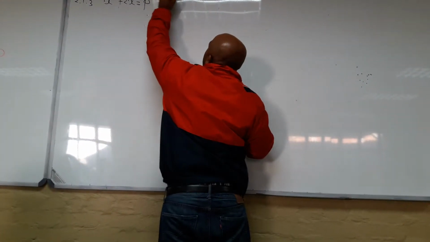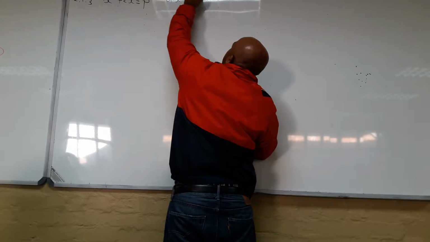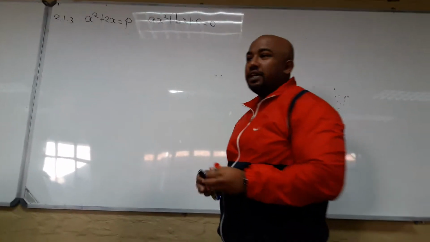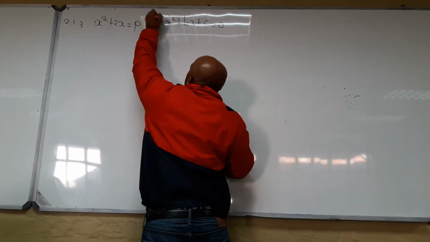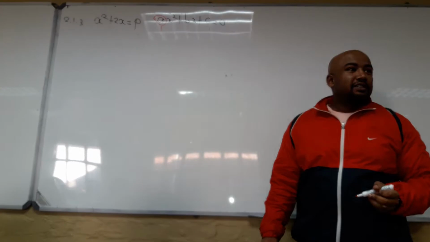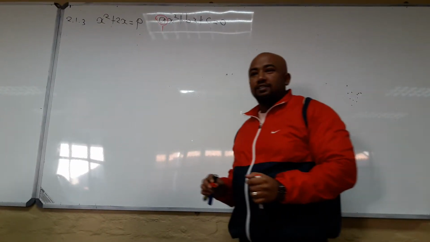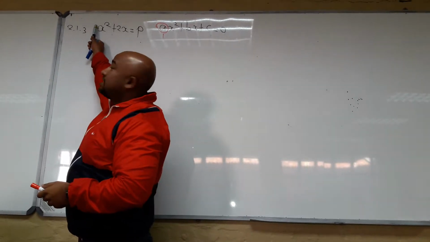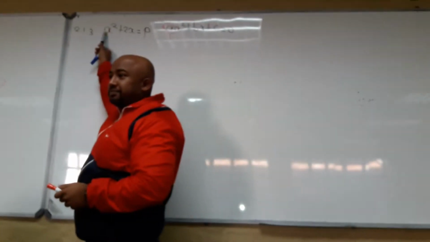So if you've got your ax squared plus bx plus c equals 0, we need to first make sure that the coefficient of x squared is a positive 1, and then we can follow the process of completing the square. Right, so we notice it is already a positive 1.